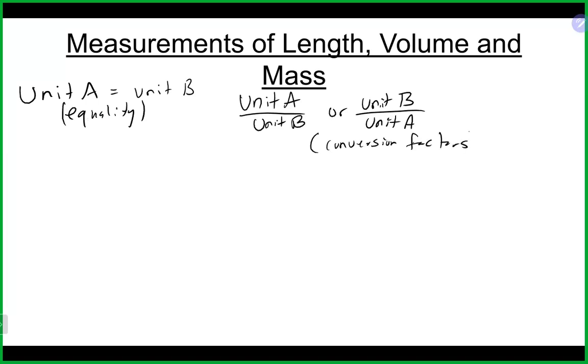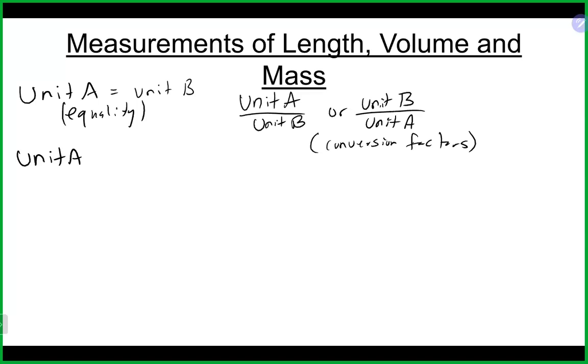So the way that we would set up a problem, if we had unit A and we wanted to convert that and figure out how much of unit B we would have, we would start with our unit A and set it up as kind of like a fraction.